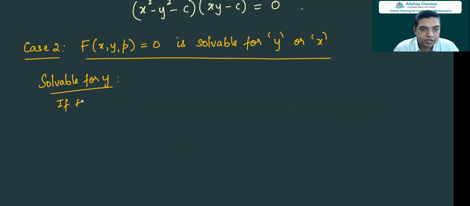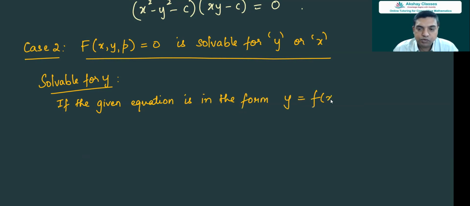So if the given equation is in the form y is equal to a function of x and dy by dx, then you see what we do. I do dy by dx of this function.